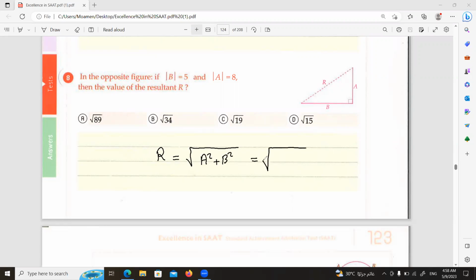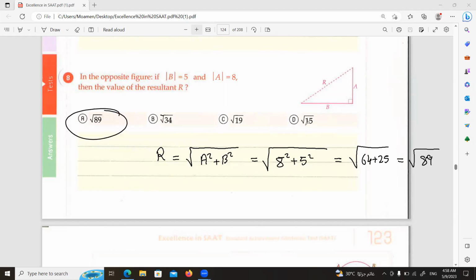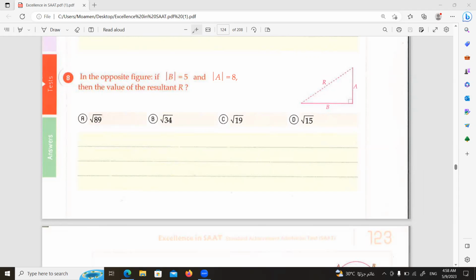So it's equal to the square root of 8 power 2 plus 5 power 2, so the square root of 64 plus 25. The answer will be the square root of 89. So our answer for number 8 is the square root of 89.